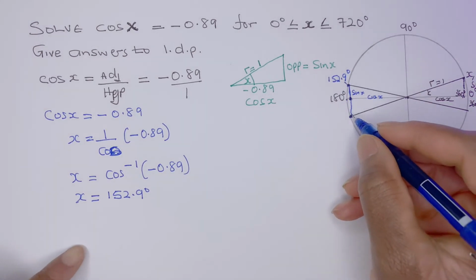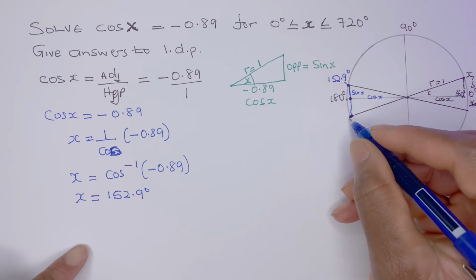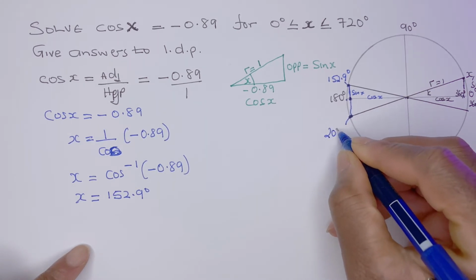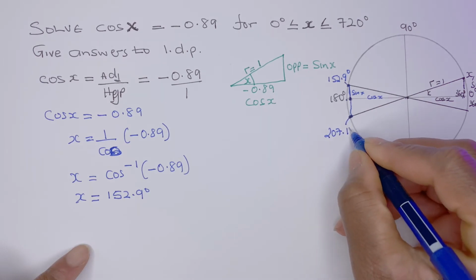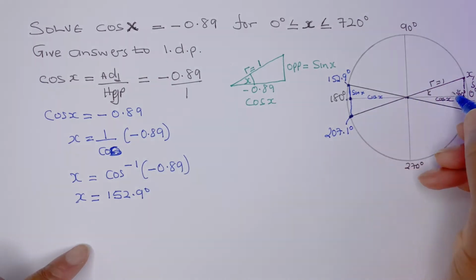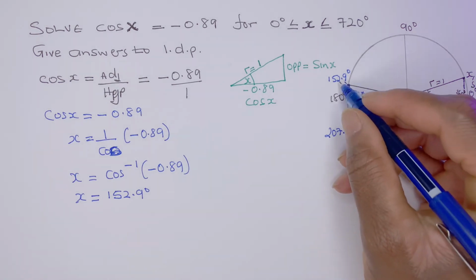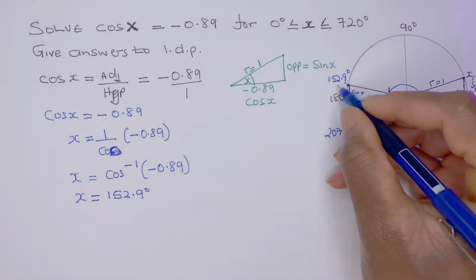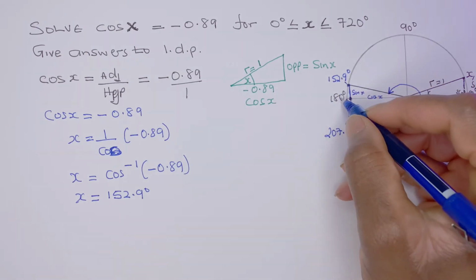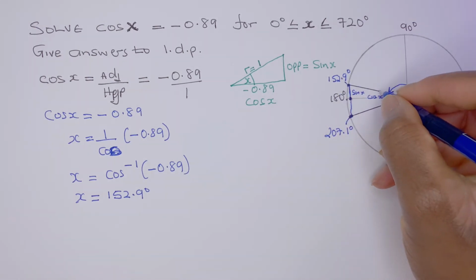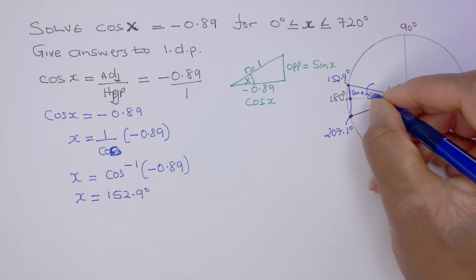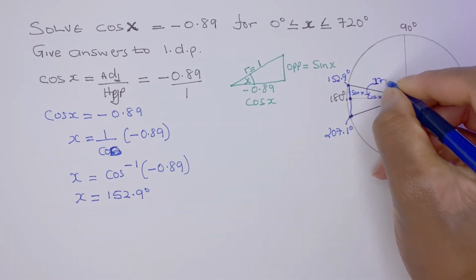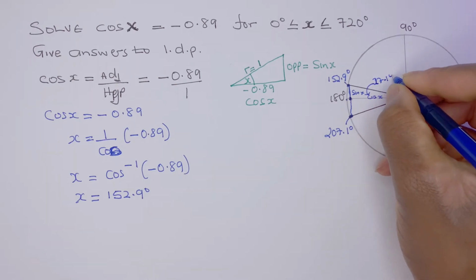And then this angle here, what will that angle be? I'm expecting that angle to be 207.1 degrees, because if I take 152.9 away from 180, that little angle here is basically 27.1 degrees.